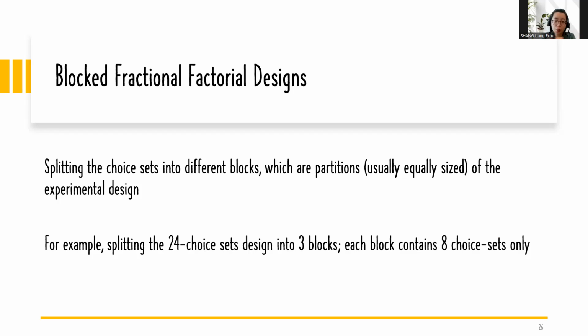So when we actually start our data collection, each respondent will only need to answer 8 choice questions as their main DCE task rather than 24 choice sets. So it's significantly more time efficient compared to the previous design.